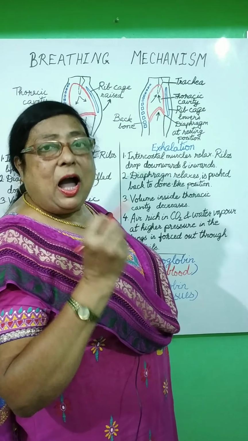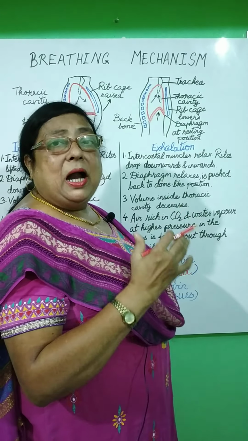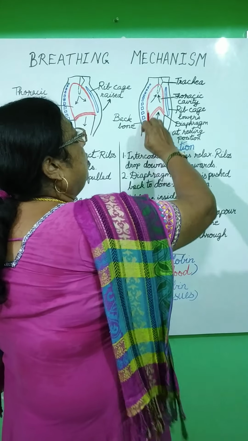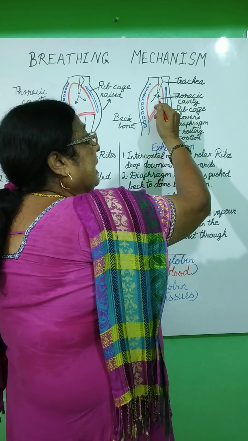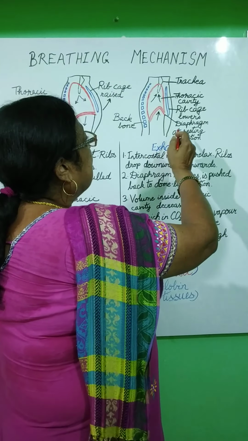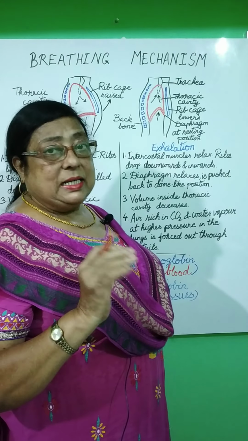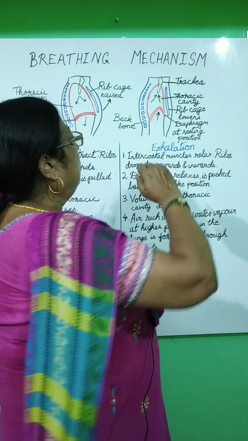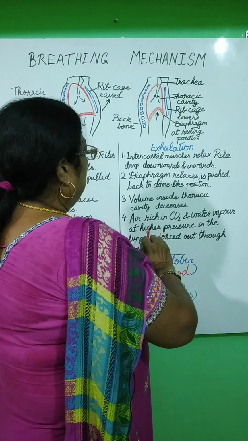A lot of carbon dioxide has collected by that time from the different parts of the tissues because of respiration. So it comes over here. The density is increased and the volume is decreased, and then the diaphragm comes back to its resting position, which is like a dome, curved this way.